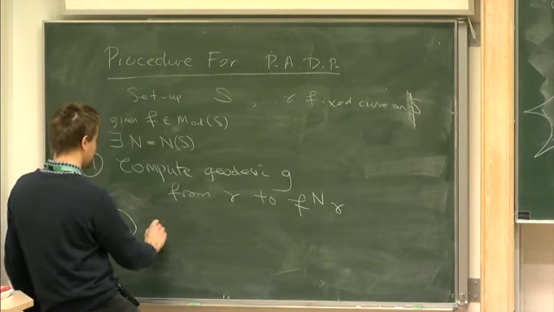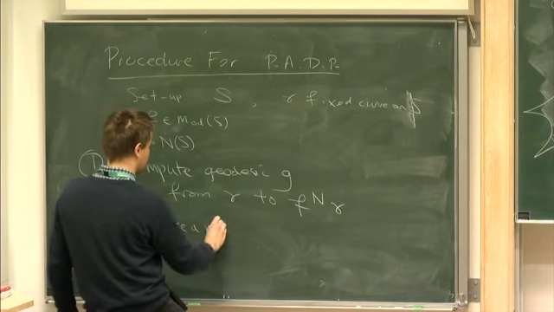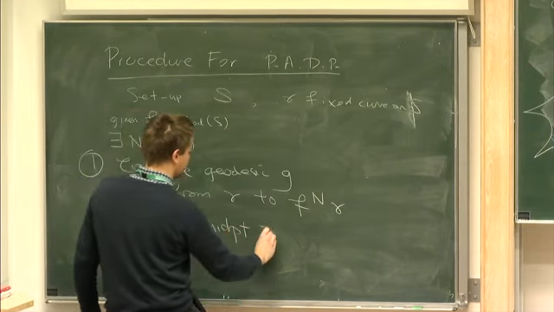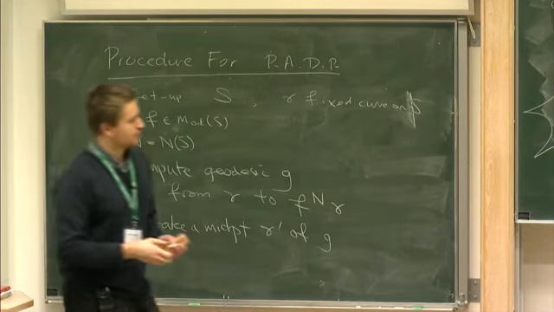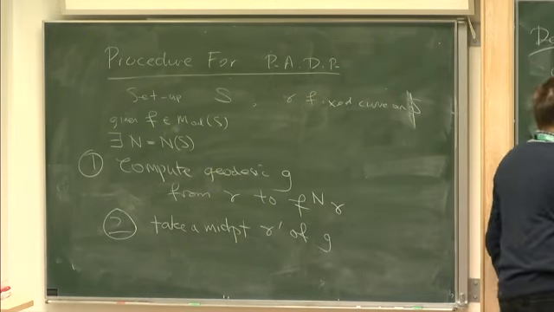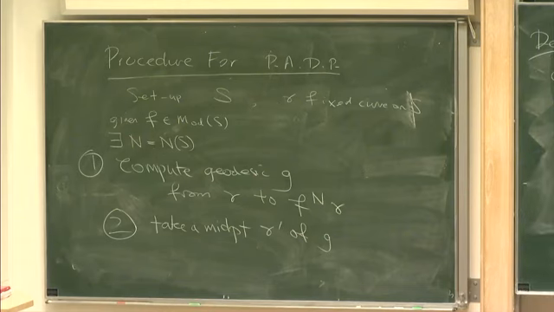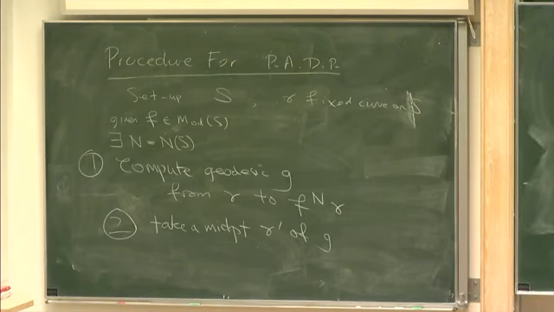And then we take a midpoint, gamma prime, of the geodesic G, and then we look at how f to the n translates gamma prime, and then we'll say that that's going to approximate the translation length of f to the n.